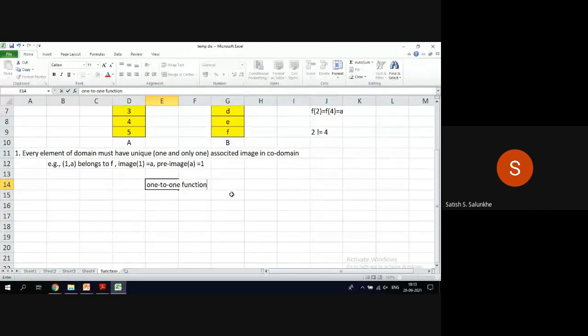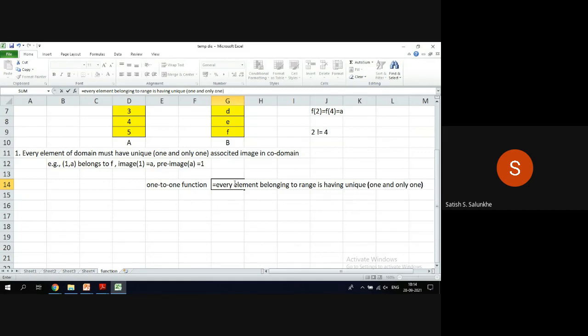When it is a one-to-one function, every element belonging to the codomain or range, you can say, has a unique, that is one and only one, pre-image in the domain.